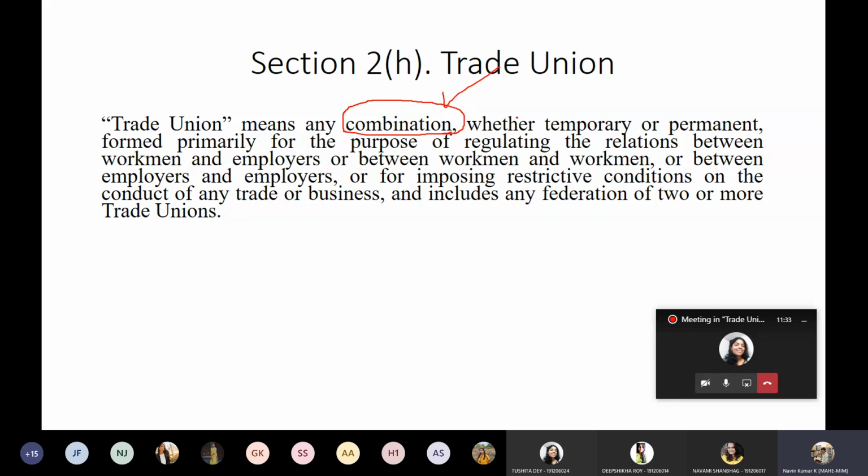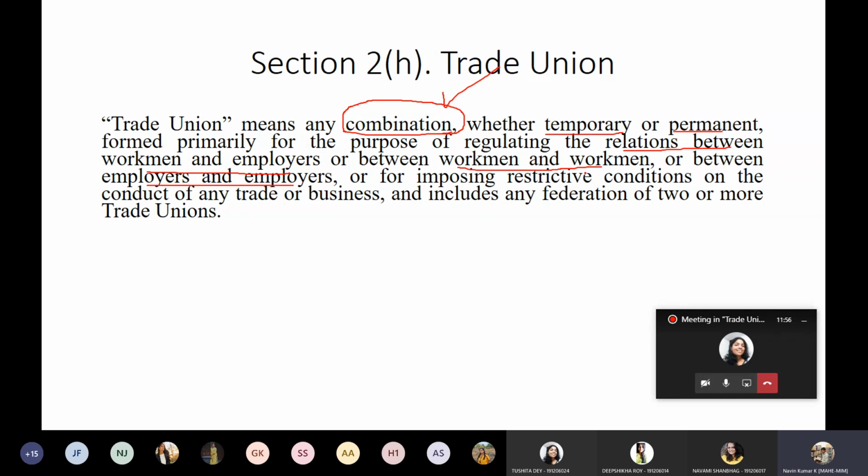It is any combination, whether formed temporarily or permanently, primarily for the purpose of regulating the relationship, and this is very, very important. You know what the purpose of forming the union is? To regulate the relationship between workman and employer, workman and workman, and employer and employer.